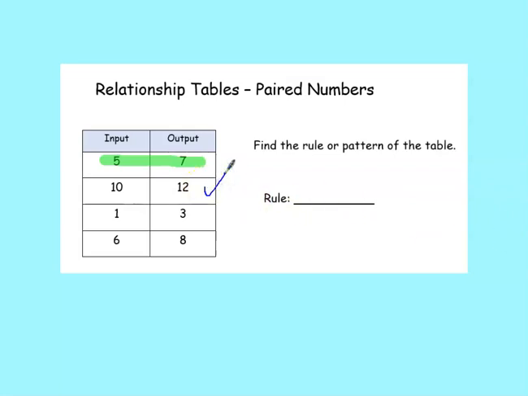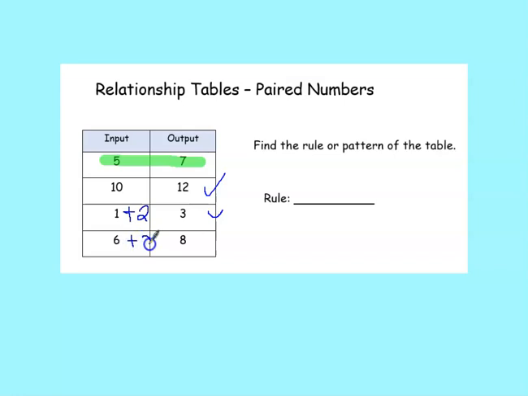And then let's look at the next one in our table. It says 1 and 3. So if I have 1 and I add 2, do I get an output of 3? 1 plus 2 is 3. Yes, that works. And then let's look at 6. If it's my rule, and it looks like it is because it's worked so far, if I'm using the rule of plus 2, then 6 plus 2, does that equal 8?